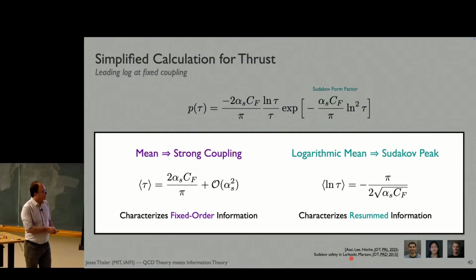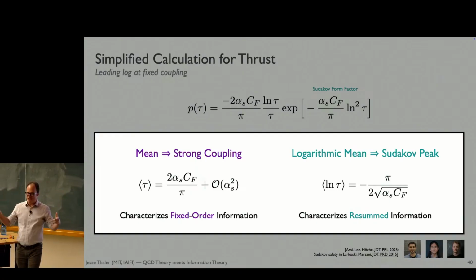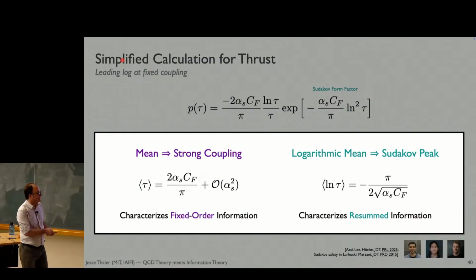In the work that I did with Andrew Larkoski and Simone Marzani on these Sudakov-safe observables, if I remember right, we set the scale inside of an integral and then did a numerical integral. So saying there was one value of alpha s is not what we ended up doing. But it's an interesting question what the appropriate scale choice is here. Here, in this simplified calculation, I'm just doing it at fixed coupling to demonstrate the strange non-analytic structure.